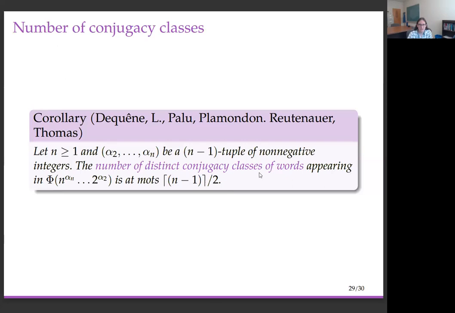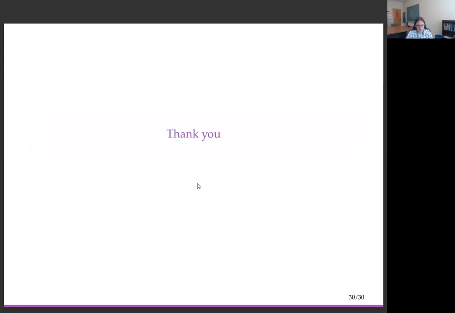So not only the number of possible lengths, but also the number of distinct conjugacy classes is bounded by that. So thank you. And if you have any question, just ask.